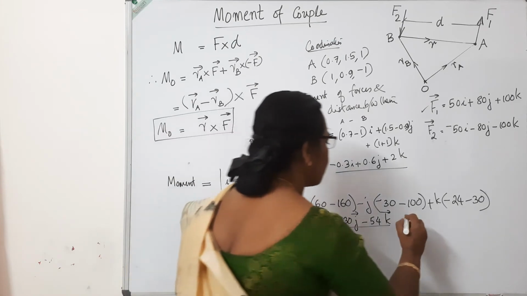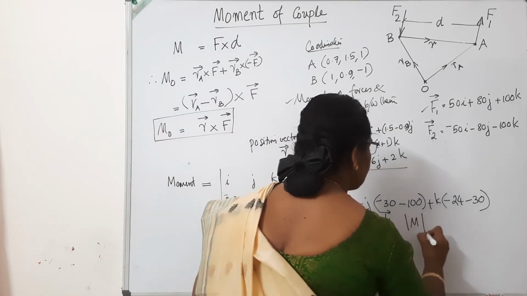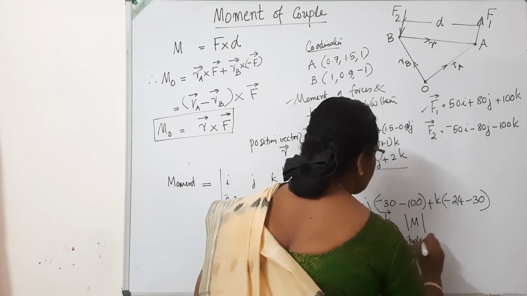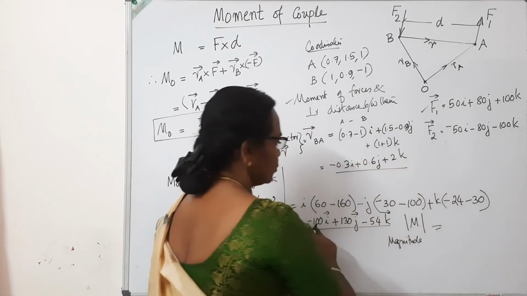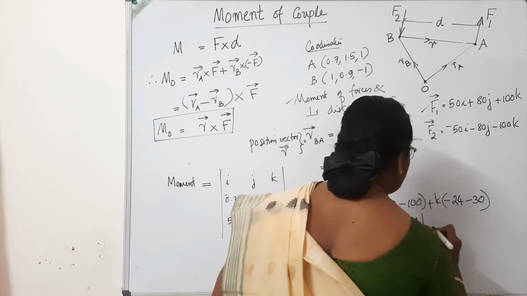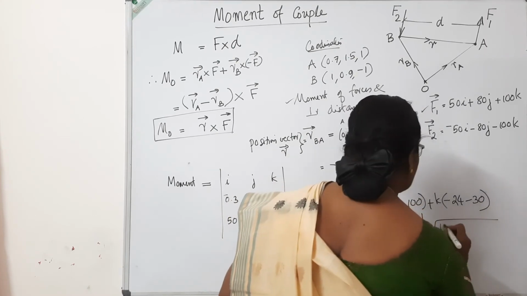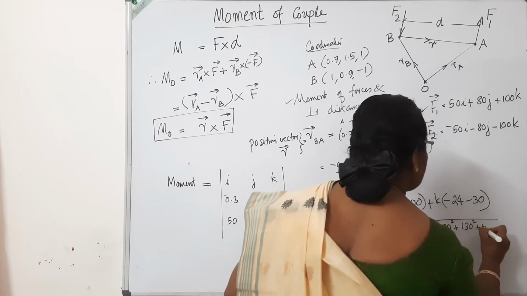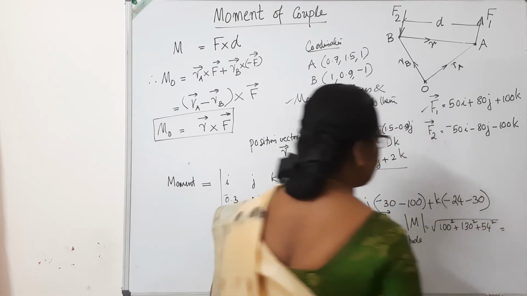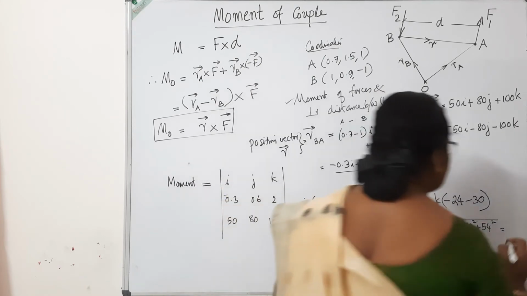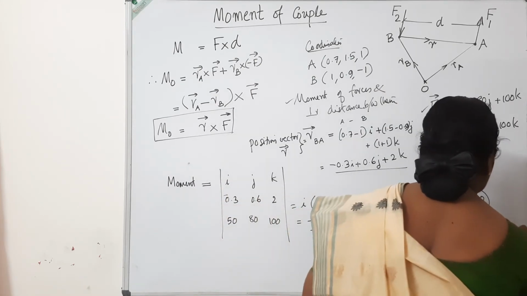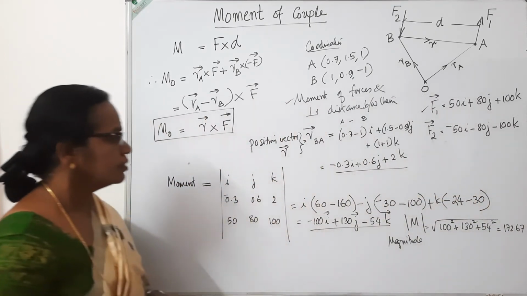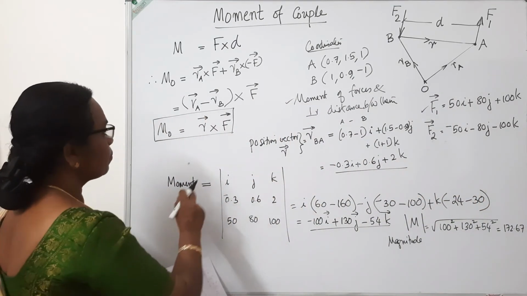So let us find the magnitude of moment M. Magnitude of moment M is equal to square root of 100 square plus 130 square plus 54 square. It will work out to 172.67. Then what about the force?